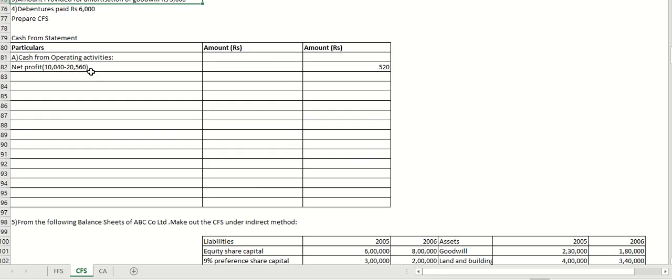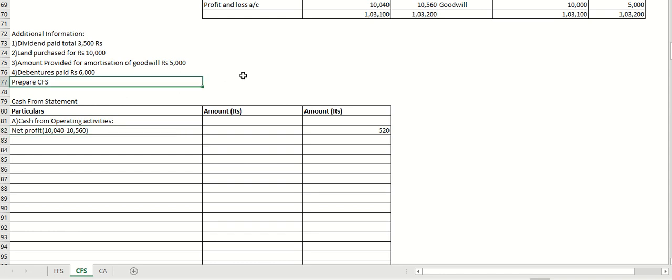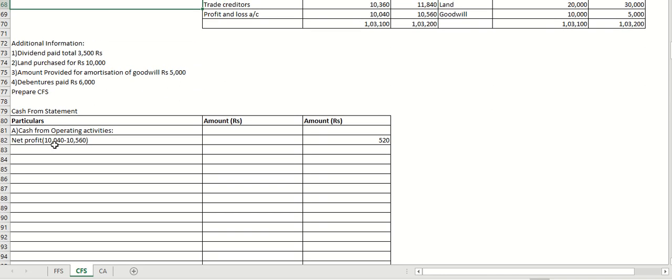Then you're supposed to add your dividend paid. Any dividend paid or amount transferred to reserves will be added if they give net profit alone.